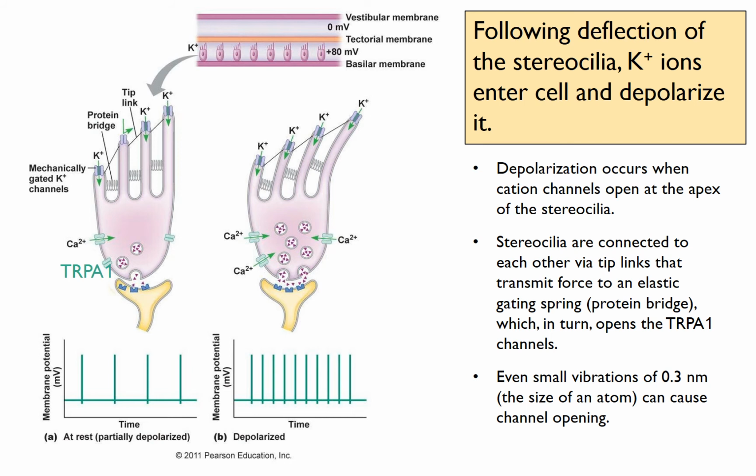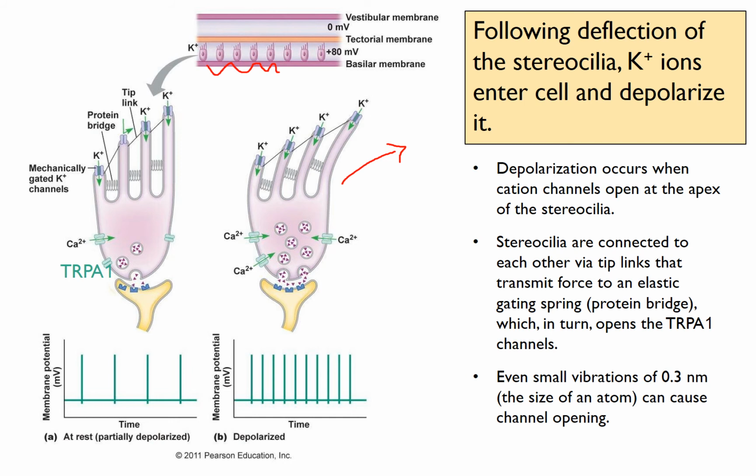When the basilar membrane moves, that generates a pressure differential that will then bend or pivot these stereocilia. In this case, the stereocilia pivot in the direction of the longest stereocilia, so they pivot in this particular image to the right.